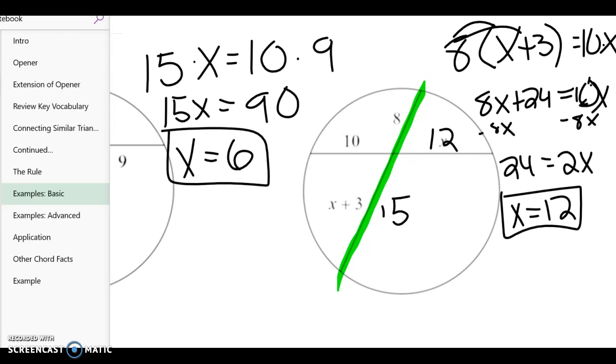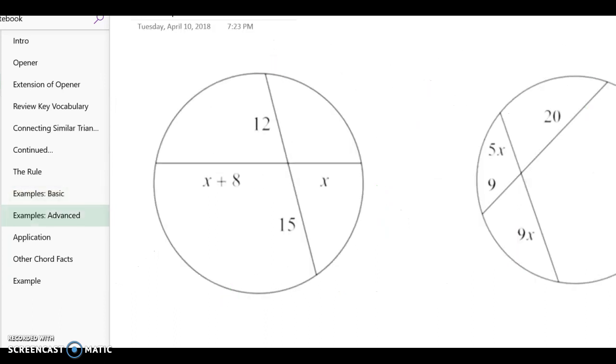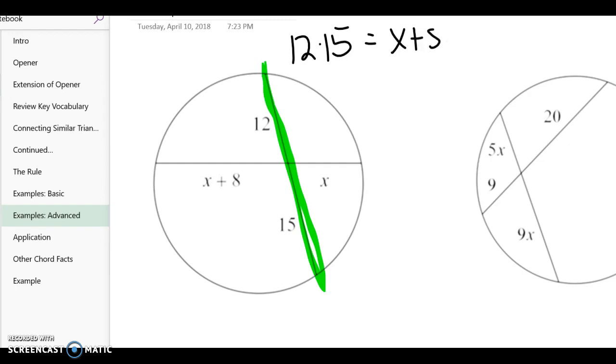Okay? So let's look at a little bit more advanced of a problem, and let's review some of those algebra skills. I know it's what everyone hates to hear. So remember, we're going to multiply along a chord. I like to highlight one chord. It reminds me that I'm multiplying in a straight line. So I have 12 times 15 has to equal x plus 8 times x.